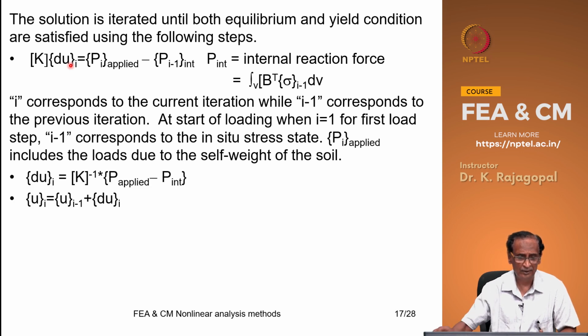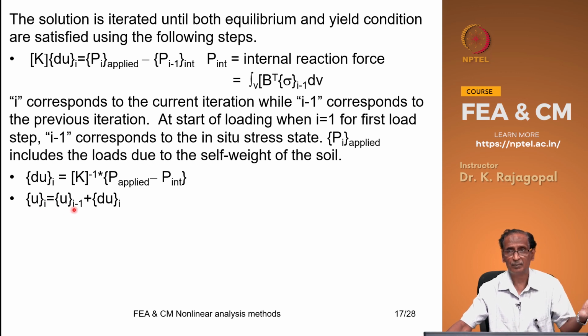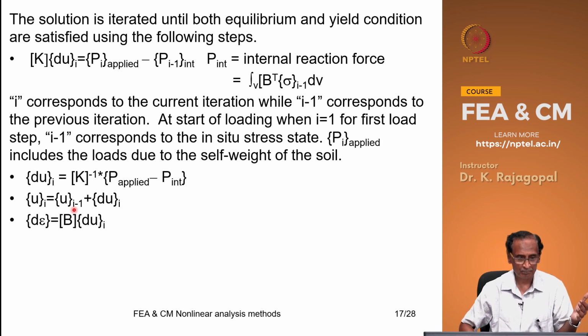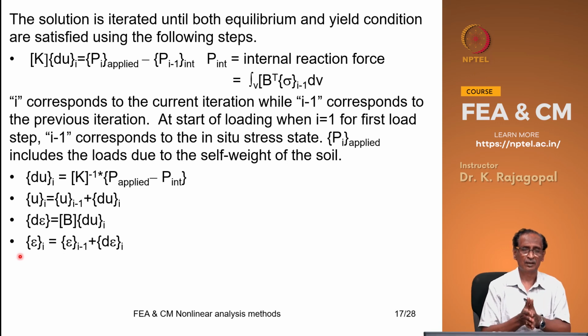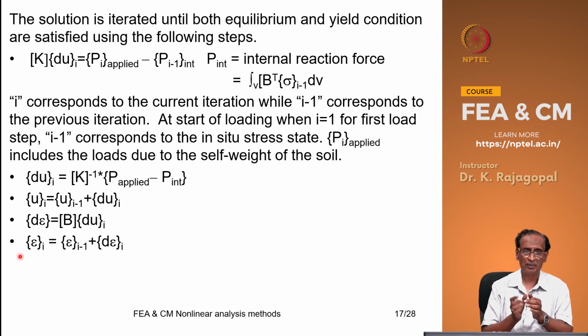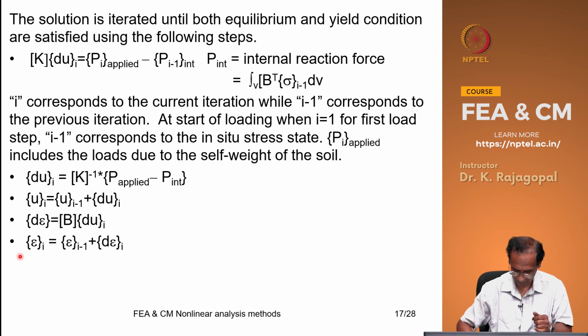du_i is K inverse times (P applied minus P internal), and u_i is u_(i-1) plus du, right. d epsilon is B times du, and epsilon_i, the total strain in the current iteration, is the strain in the previous iteration epsilon_(i-1) plus the incremental strain d epsilon.